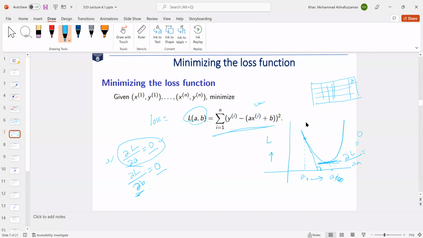We already reached the minimum point for the parameter, so that we can get the minimum possible loss value. Now if this is the plot of this function, the lowest possible value that we can achieve using this function is this. We cannot minimize more than this, and we can find this value by reaching this point.